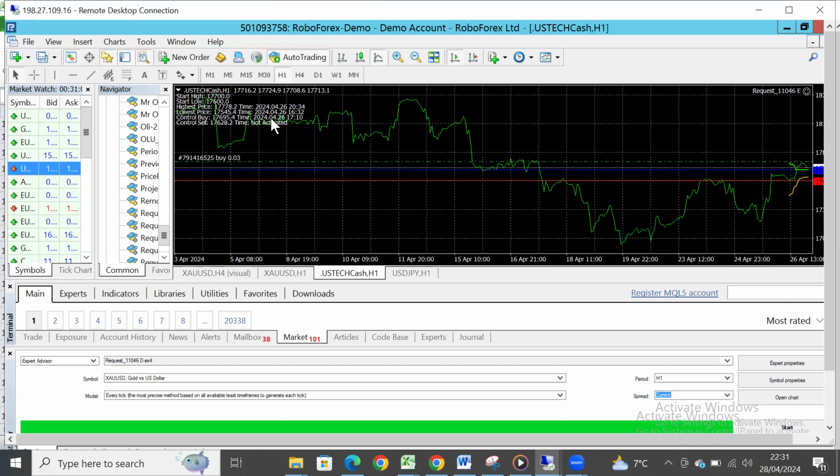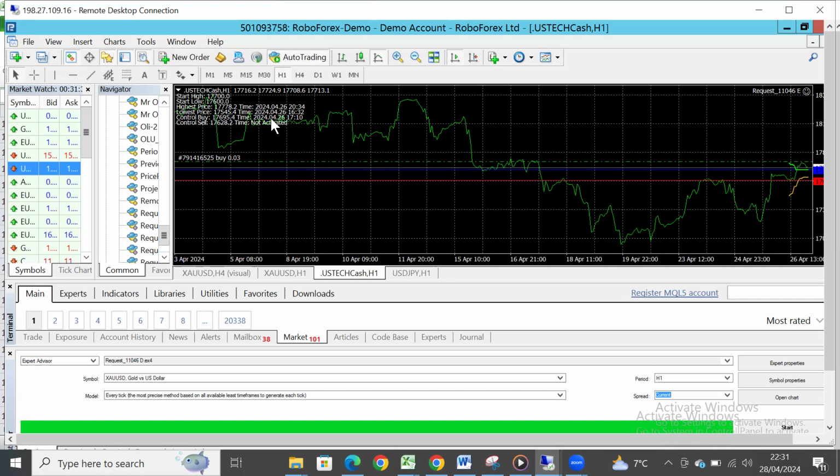So if it's the high price that is achieved first, then it's going to activate the control sell.